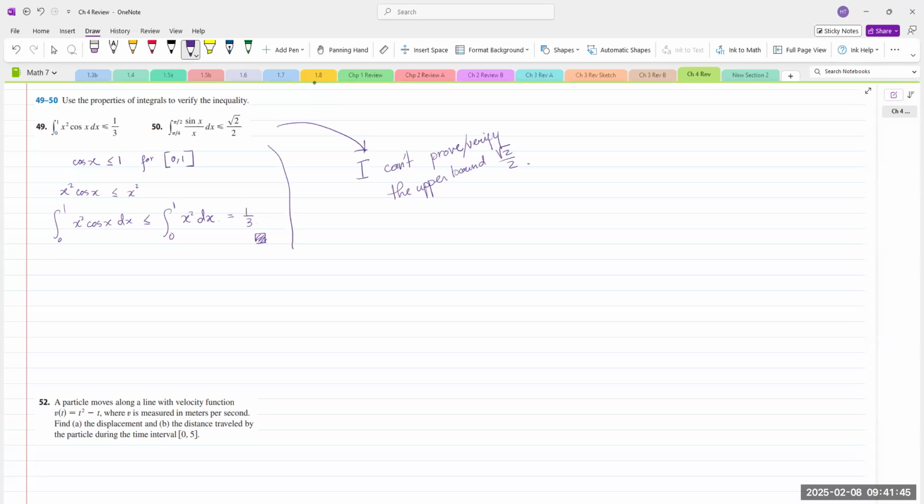Unless I can do it another way. For example, sine x is less than 1 in that interval. So when we divide by x, that is between, then this will be less than or equal to 2 over pi, I mean 4 over pi.